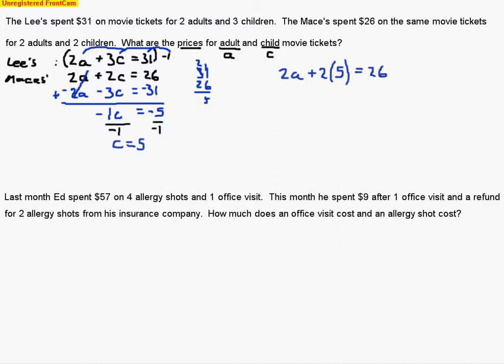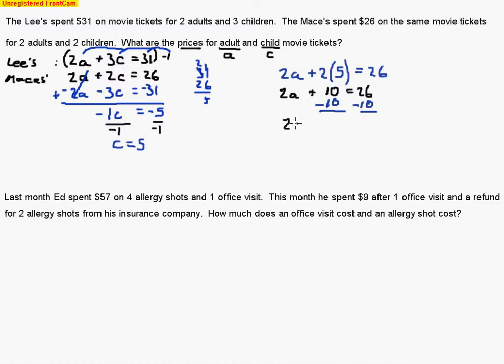So from that point, what I would do is multiply and then do an opposite operation. So I've got 2a plus 10 equals 26. So from that point, I would subtract 10 from all sides. And when I do that, I'm left with 16 equals 2a.